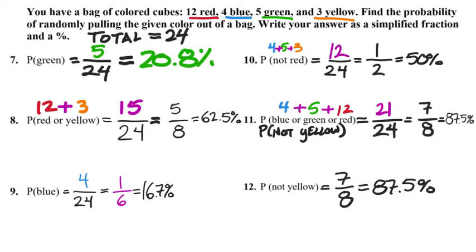So no need for work on number 12 because we had already figured it out from this one. Just by making that comparison, I should have noticed number 12. But whether we did or not, you'd end up with the same thing because there's 4 blues, 5 greens, and 12 reds, which is still 21 out of the 24 cubes.